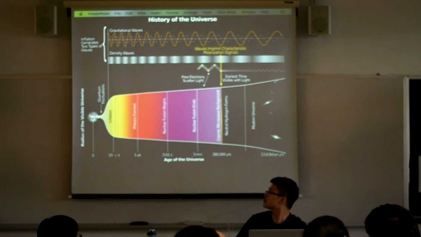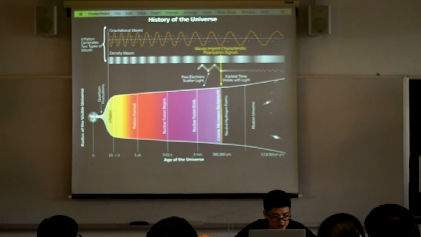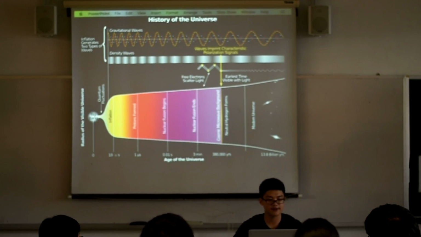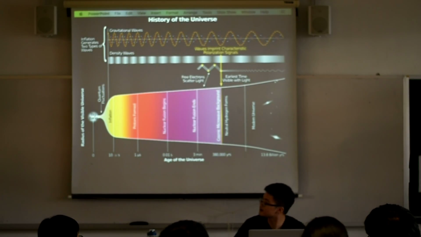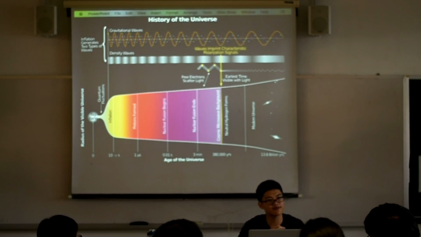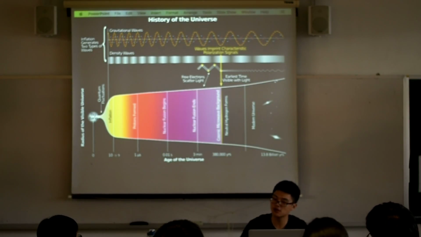This diagram shows the general history of the universe. You can see on the very, very left side, it's an inflation right after the Big Bang. However, inflation has a very significant effect because it produces two waves, as seen, which are gravitational waves and density waves.